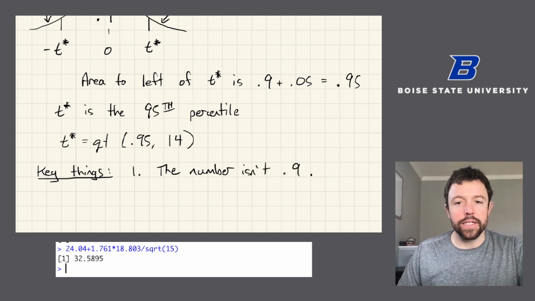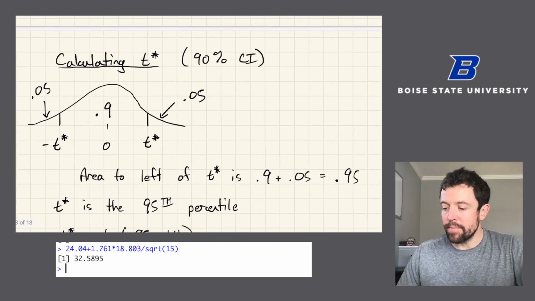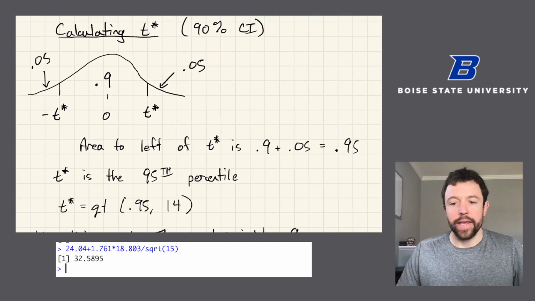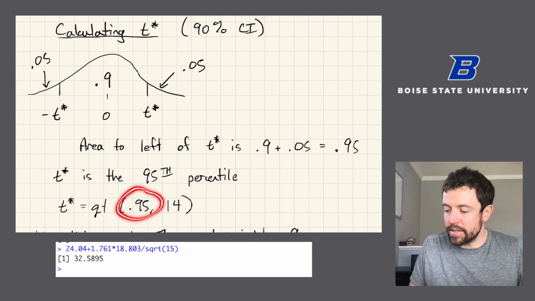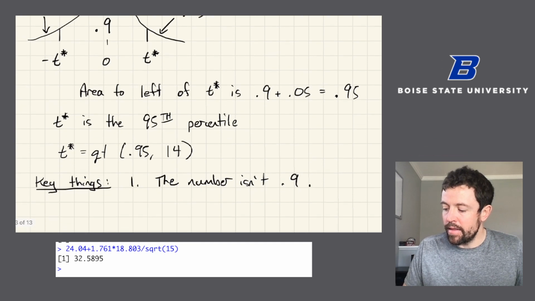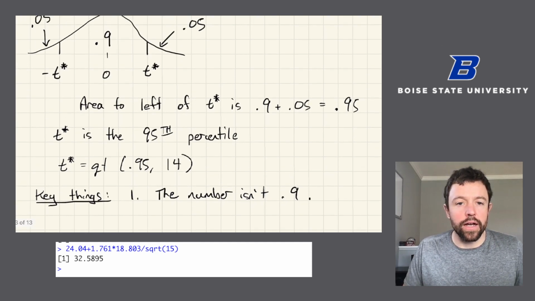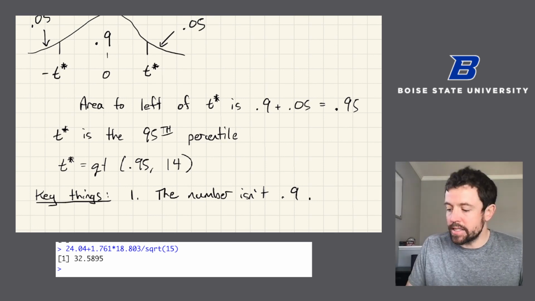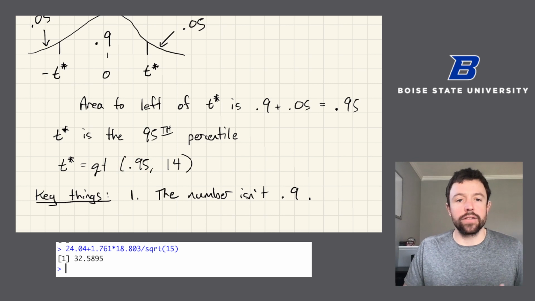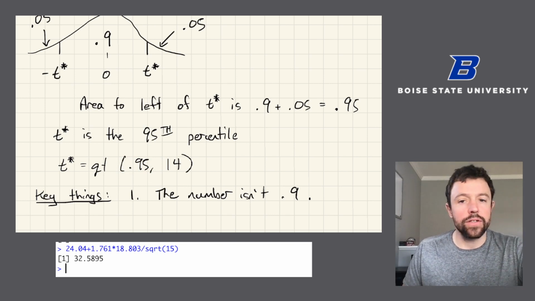And this may seem like a weird thing to say, but my point is that if every time you calculate a T-star value, the only thing that you actually remember is that the number you're plugging in is not just the confidence level, then you'll be fine because you'll go look it up. The biggest mistake I see people making is they go on autopilot and they just think this number is whatever the confidence level is. And as long as you're constantly reminding yourself, nope, it's not the confidence level, you can just go look it up.